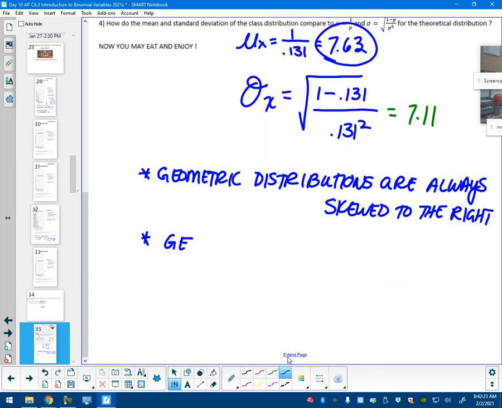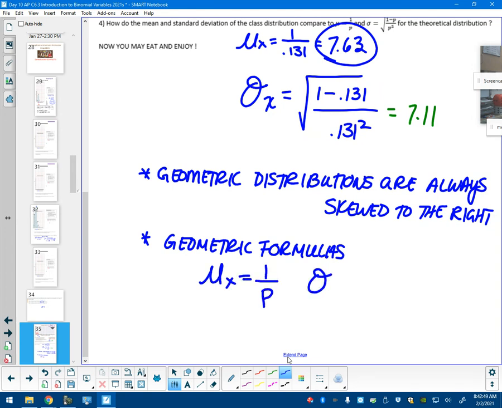The geometric formulas, which, by the way, they give you on the AP test. It's on your bright green folder. The geometric formulas, that's the expected value, and the standard deviation, you can write it a couple different ways.